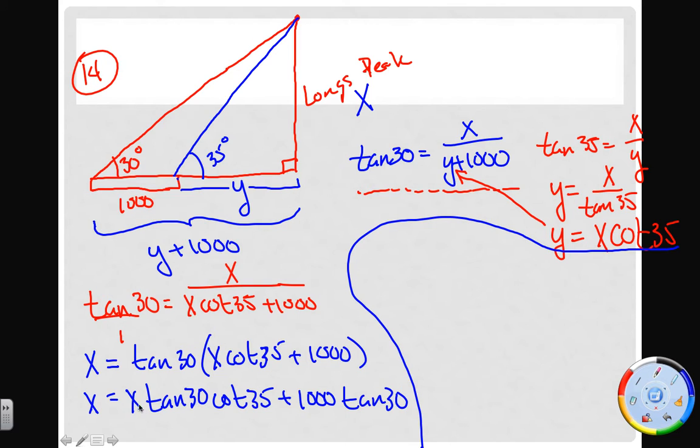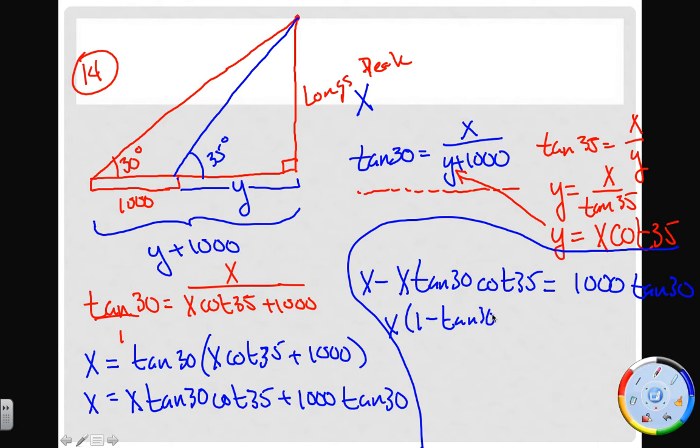So here I need to solve for x, so I need to get x's together. So I get x minus x tangent 30 cotangent 35 equals 1,000 tangent 30. And here, since I have x's together, I can factor that x out. And now I have x times a number.